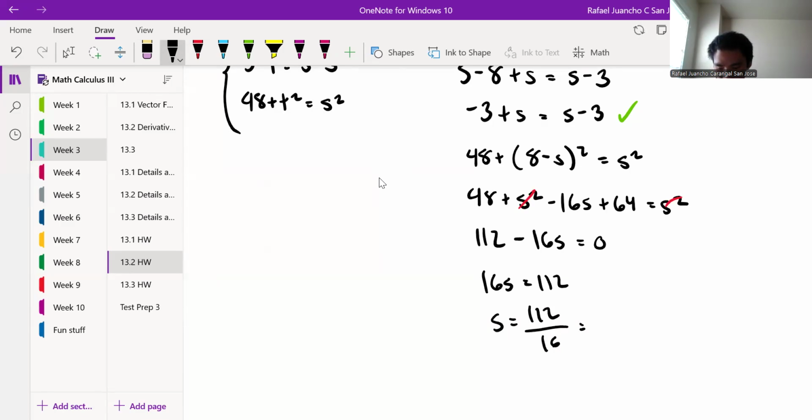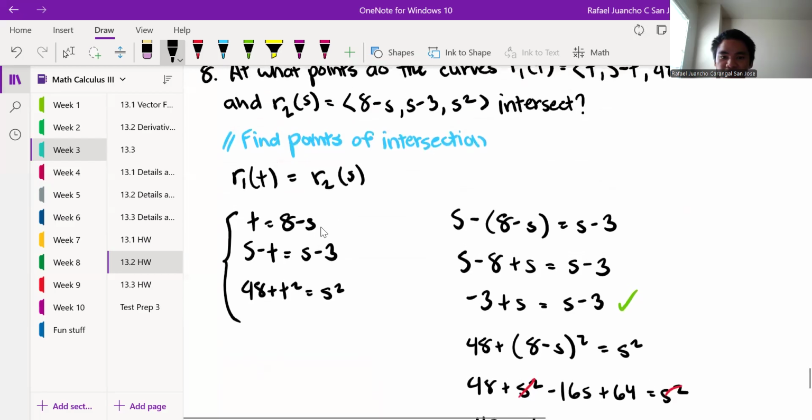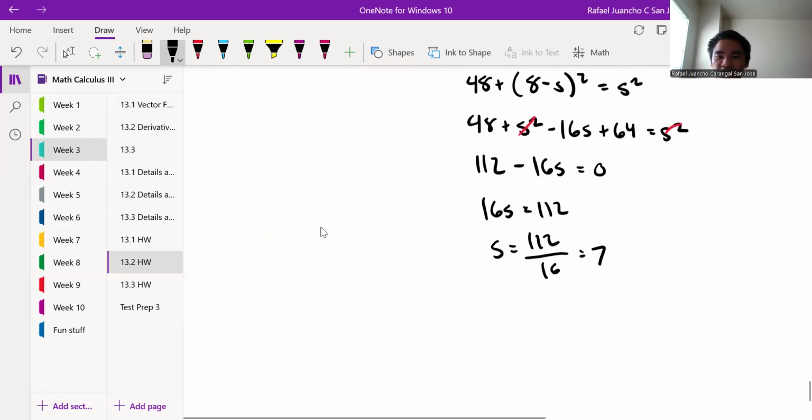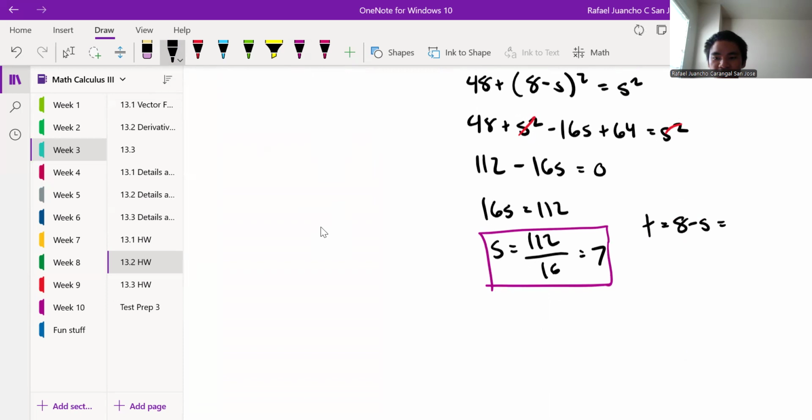I get 7. So my S is 7. I could then plug it in here. So if my S is 7, then my t, which is equal to 8 minus s, is now 8 minus 7, which is 1. So here my t equals 1.